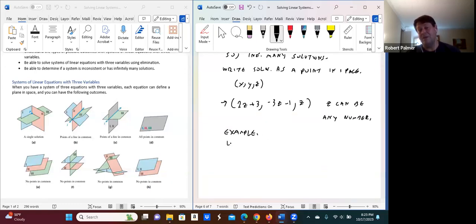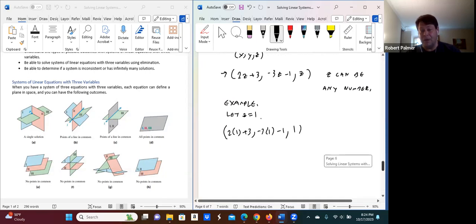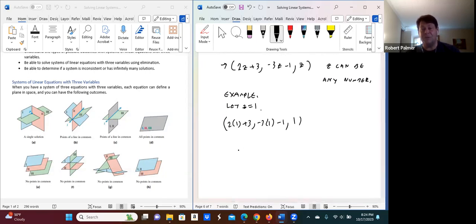Let z equal 1. If z is 1, we're going to have 2 times 1 plus 3 for my x coordinate, negative 3 times 1 minus 1 for my y coordinate, and then z is going to be 1. So I'm going to have 2 plus 3, which is 5. Here I have negative 3 minus 1, which is negative 4. And then z is 1, so this is a point.